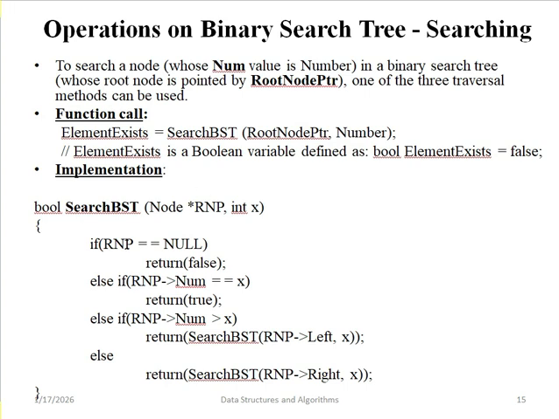If the parent node value is equal to null, that is the tree is null, there is no need to perform the search operation. And if the root node's num is equal to x, that is the value is obtained, so we can return true that the node exists in the tree.